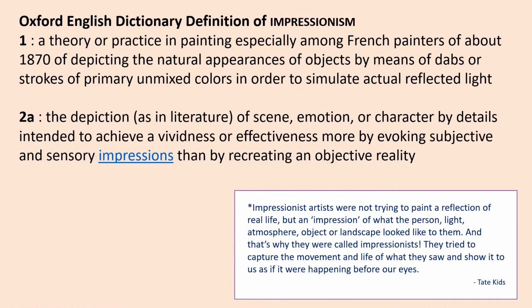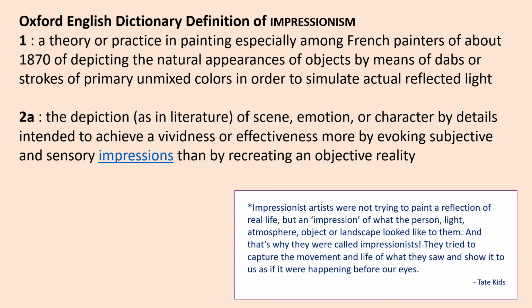Okay, so let's look at some real definitions of Impressionism. You'll see some dictionary definitions there, and it's about dabs or strokes of primary colors to simulate light. But I like in that white rectangle box down there by Tate Kids, Impressionist artists were not trying to paint a reflection of real life, but an impression or a moment in time, the impression of what the person, light, atmosphere, or object or landscape looked like to them.